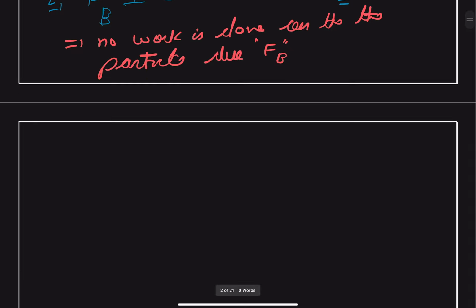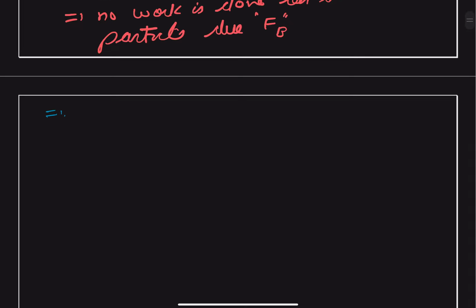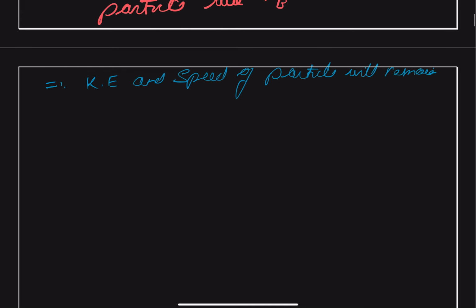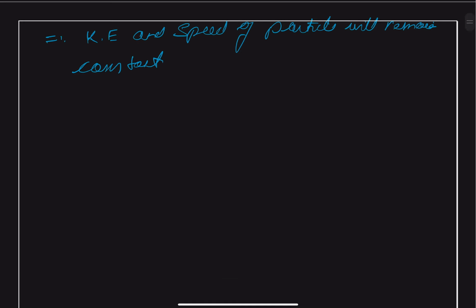Thus, we can say that the kinetic energy and the speed of the particle will remain constant. Therefore, we can say the exit velocity v will be equal to the entering velocity u.